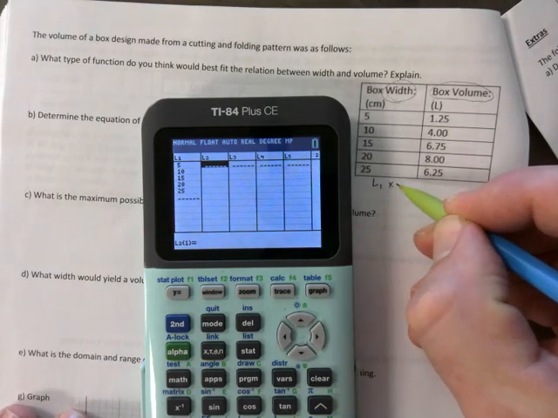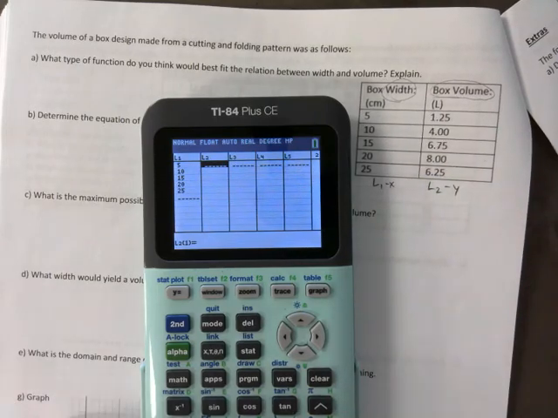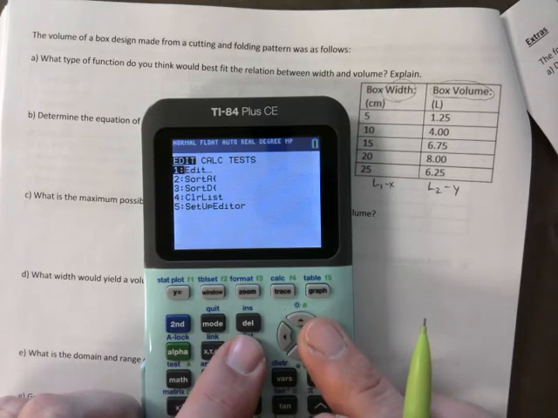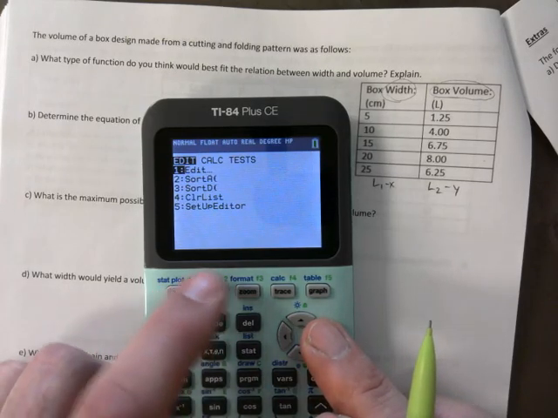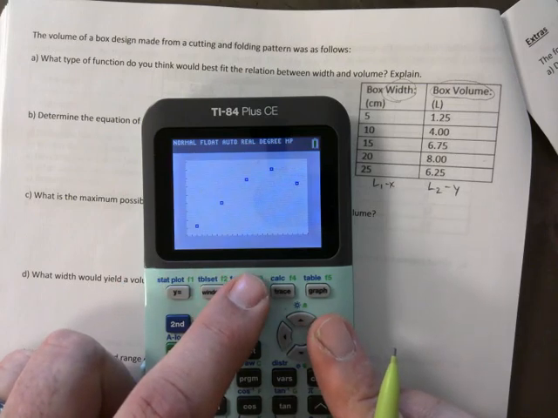The first value, which is your X, and L2 is our Y. There we go. Stat. I'm going to do a zoom 9.